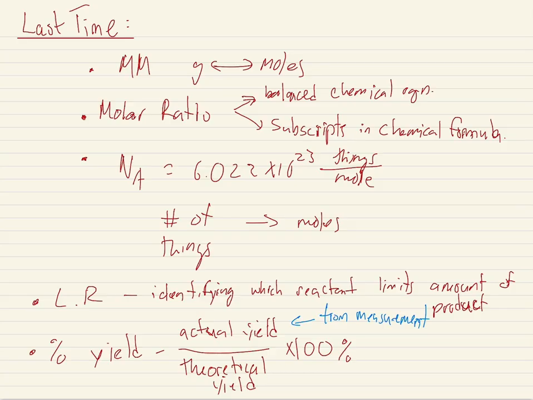Yeah, this is from the balanced chemical equation, right? And the amounts that you start off with. If you know how much copper you start off with, and you know all of the balanced chemical equations, that should theoretically tell you, assuming everything is 100% efficient, what's the maximum amount you can make with the given starting amounts. All right, so that was where we left off our discussion last time.